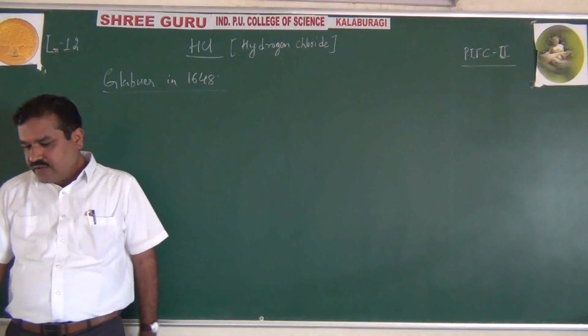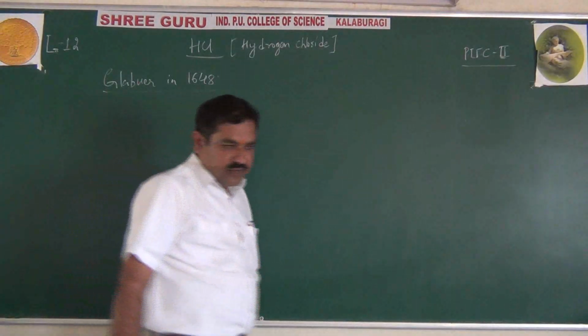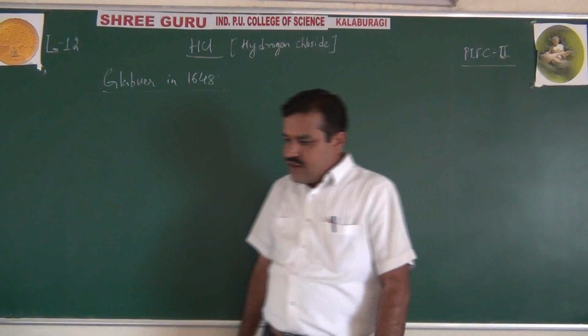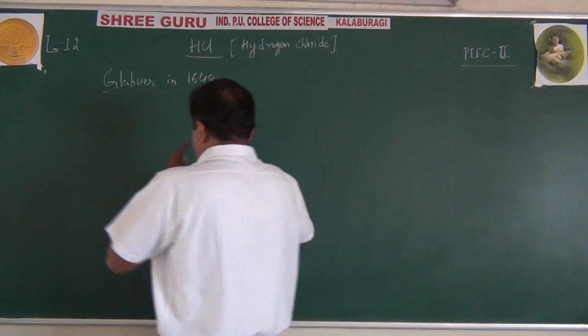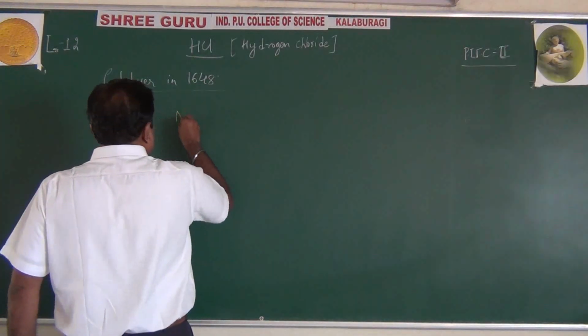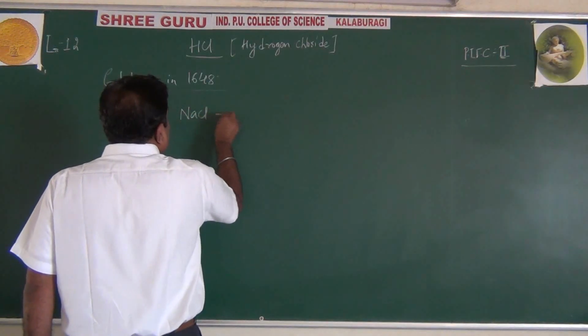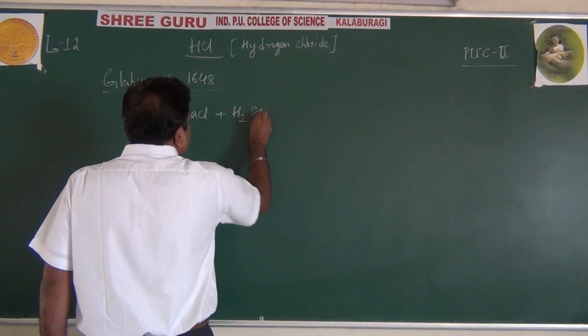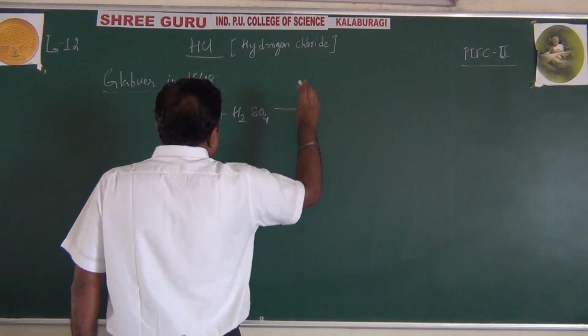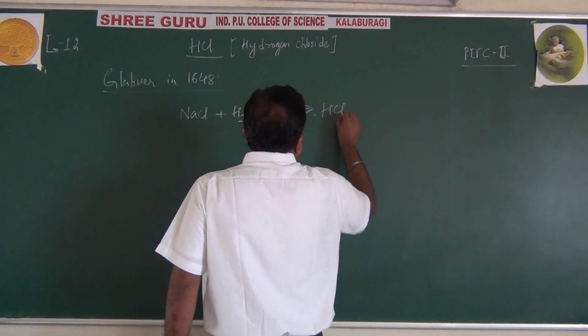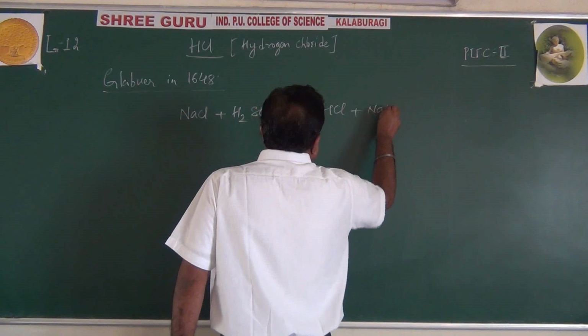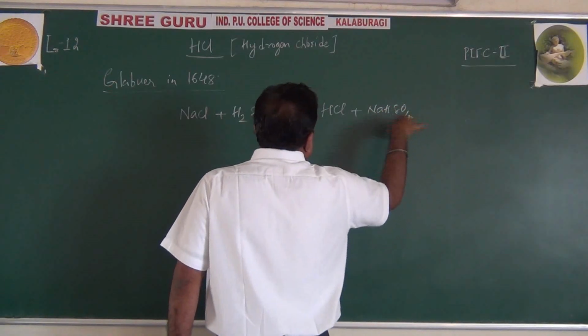Later, Davy in 1810, but before that it was prepared by treating common salt, sodium chloride, with sulfuric acid, H2SO4. You get HCl and NaHSO4, sodium bisulfate.